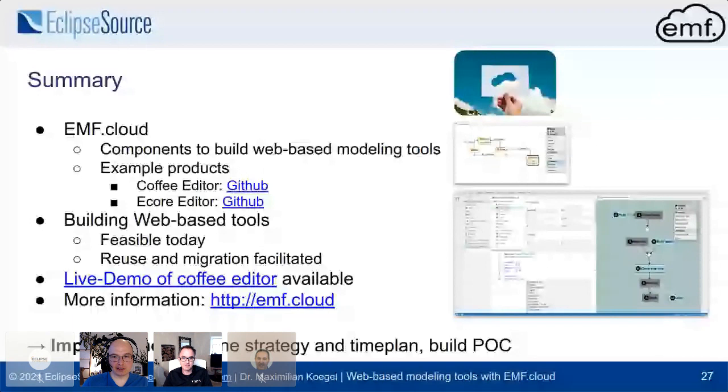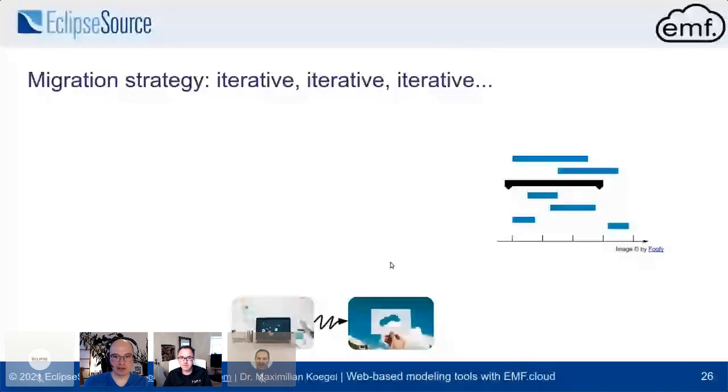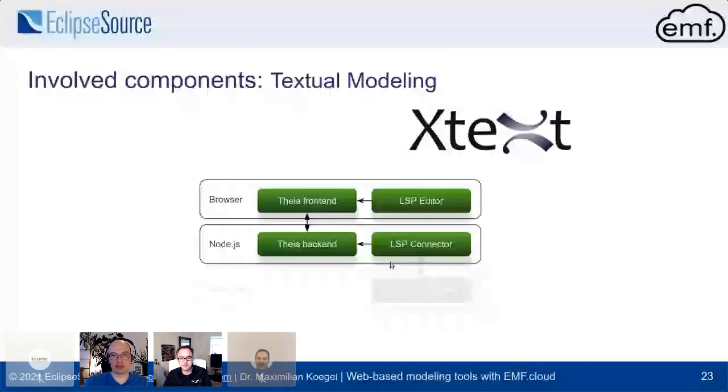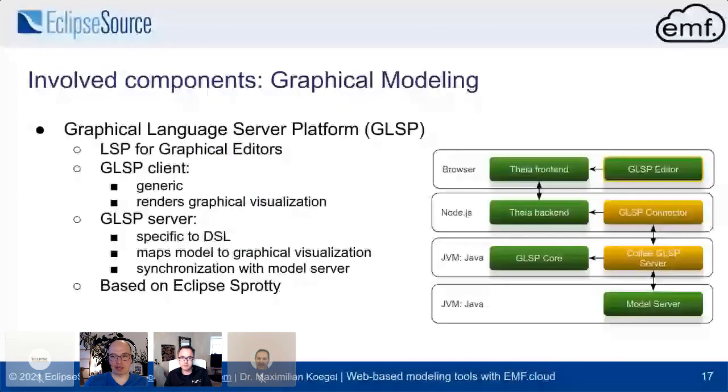Let me answer that with a slide. EMF.cloud would provide you with the model server component if you want to use Theia GLSP. The model server component would serve the semantic model.